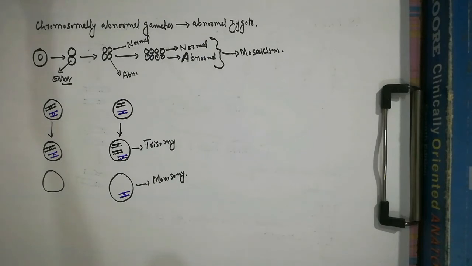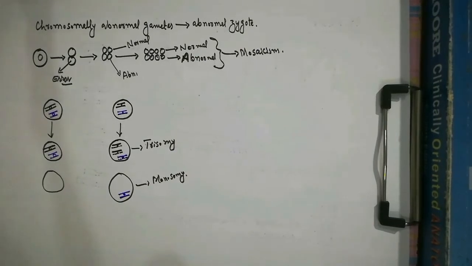And when non-disjunction occurs at late stages of development, there will be fewer chromosomally abnormal cells and the severity of disease will be less. Are you understanding? If you are not clear, please watch again.